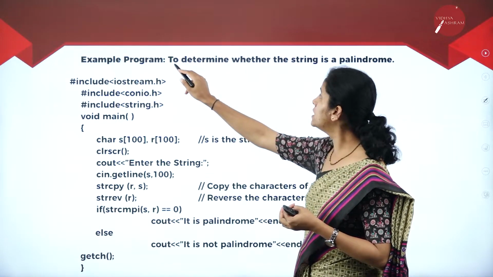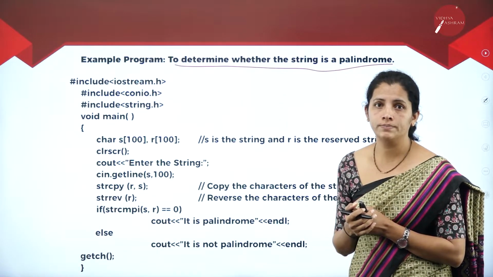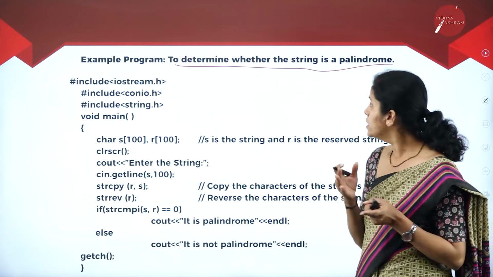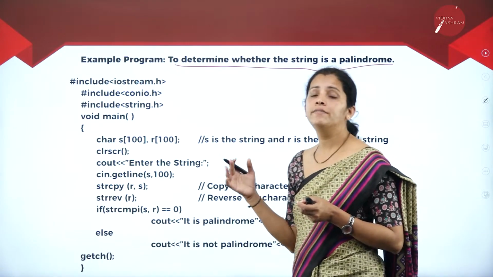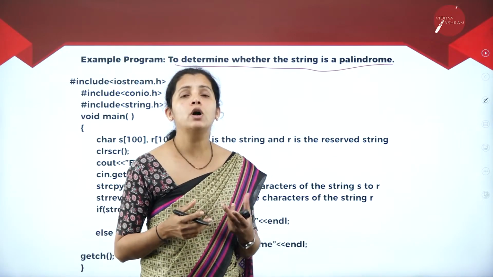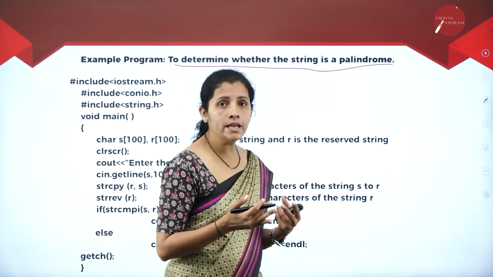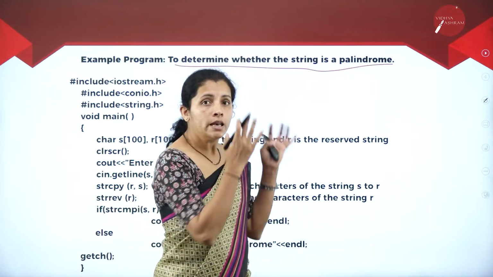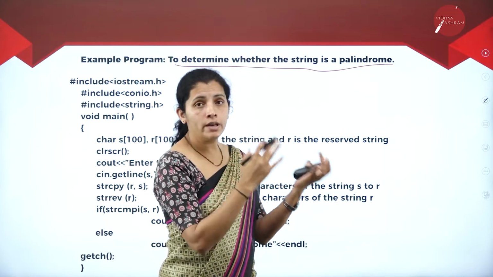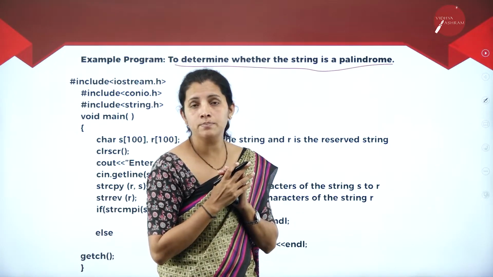So here, to determine whether the string is a palindrome or not, this is the simple program used to check whether the given string is a palindrome or not. So what is a palindrome here? When I read any word from left to right or right to left, I want to get the same word or same string.